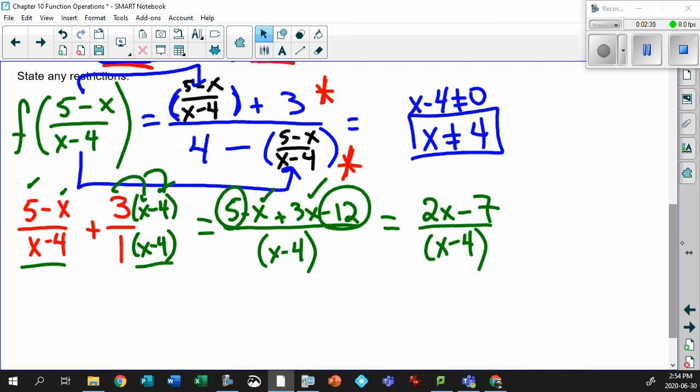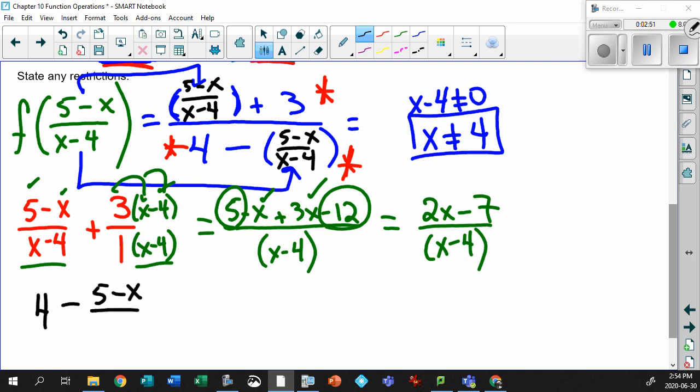Now, let's see if we got another restriction coming up here. Time to do this denominator. Well, the denominator works out here. This is 4 minus (5 minus x) over (x minus 4). Okay, so again, 4 over 1. That means I'm going to multiply both of these by x minus 4.